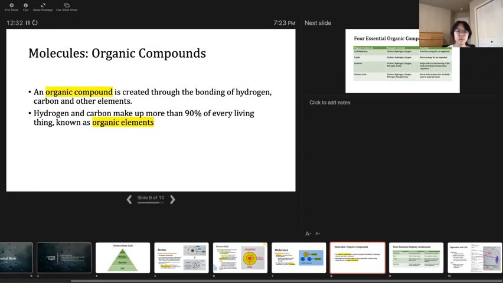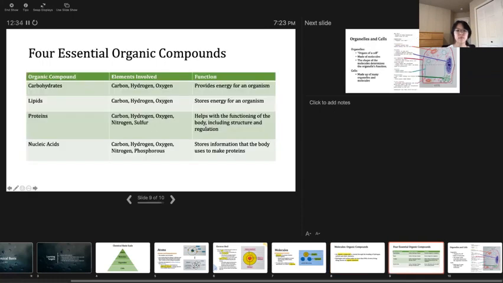Okay, so there are 4 essential, or very important, organic compounds. The first organic compound is a carbohydrate, which is basically a fancy scientific word for sugar.